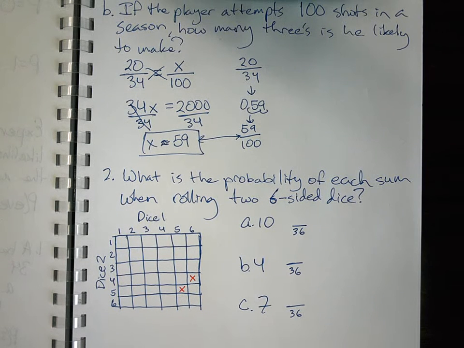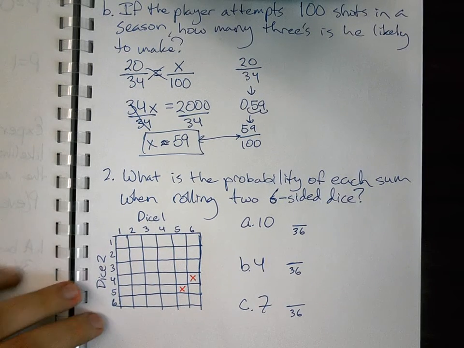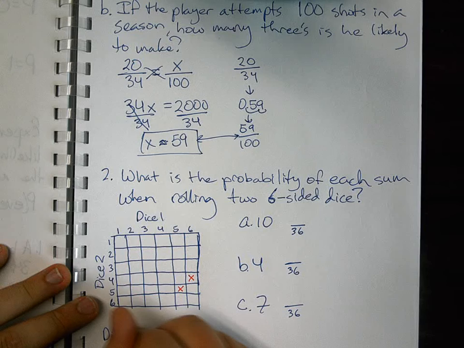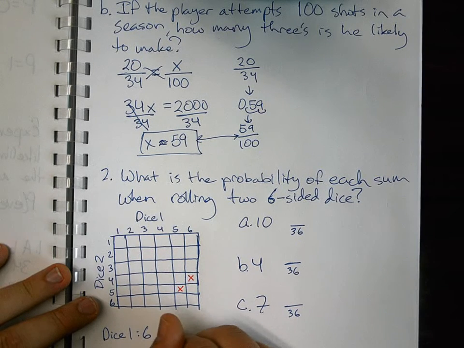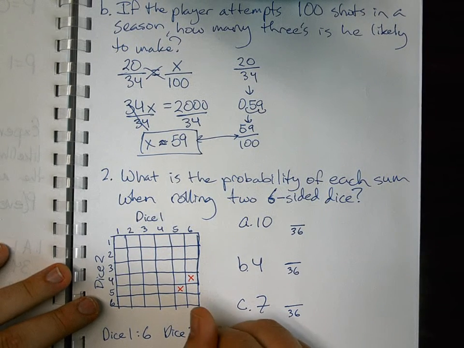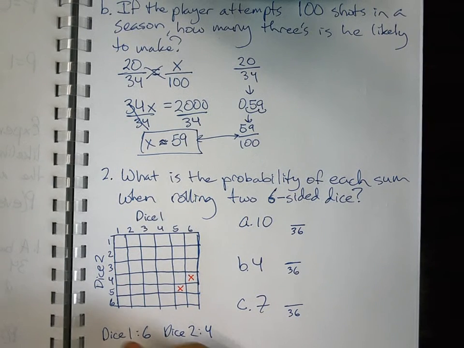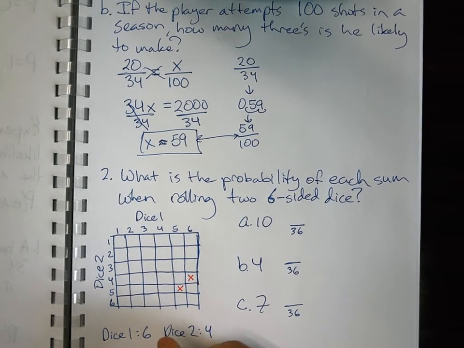Okay, but we have to consider another possibility. It could be that on my roll with dice 1, I roll a 6, and with dice 2, I roll a 4. But it can also work the other way. I could roll a 4 with dice 1, in which case I have to roll a 6 with dice 2.